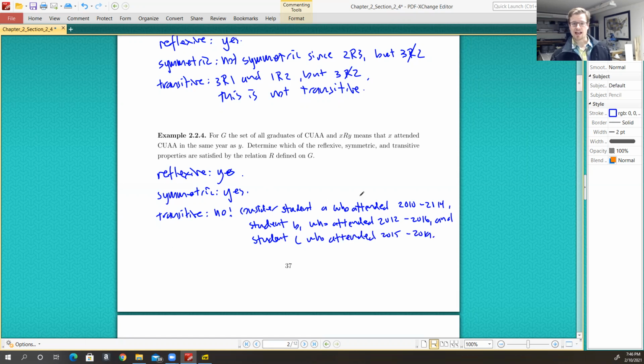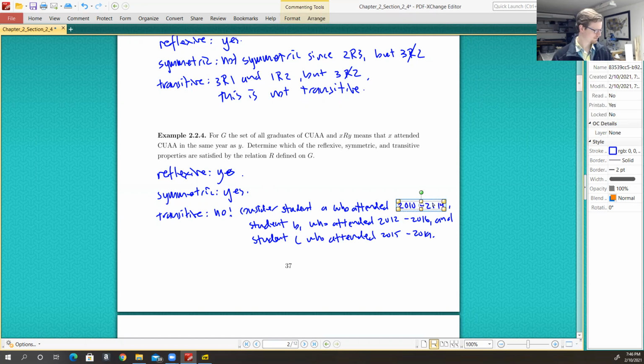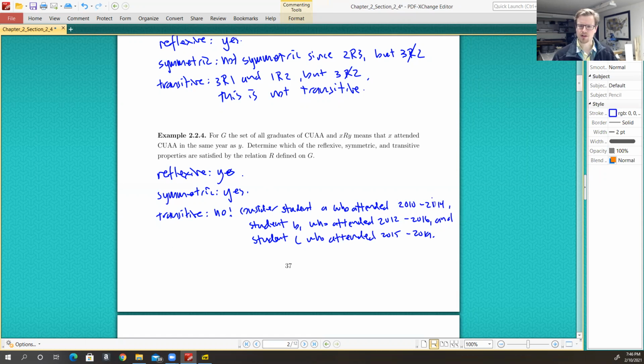So we can see that student A and B attended at the same time in the years 2012 to 2014. So we have that student A is related to student B because they both attended in 2012 and 2013.